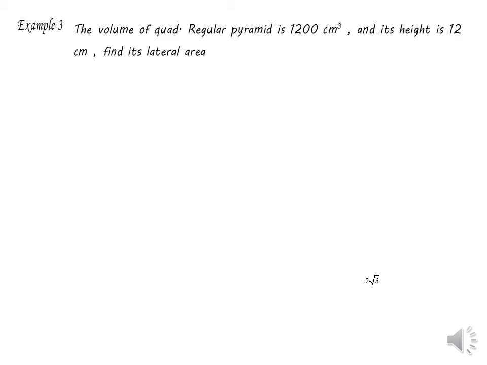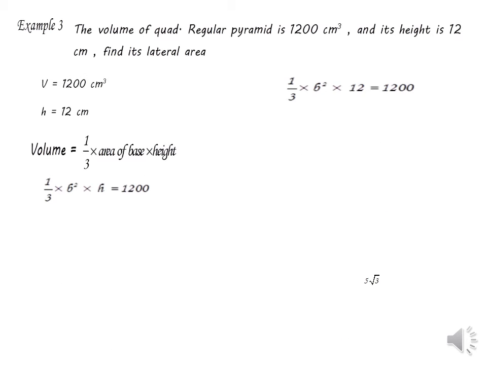That means base square, the base in the shape of a square, means side square, equals 1200 divided by 4, because 1 over 3 times 12 equals 4. Finally, I can say that side square equals 300, or side equals 10 root 3 centimeters.